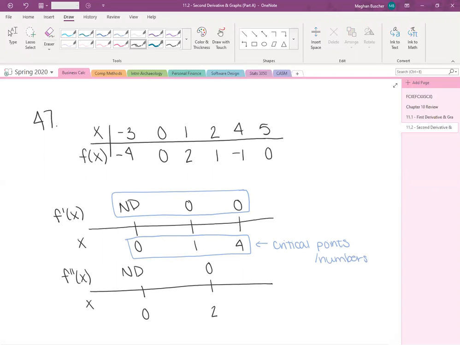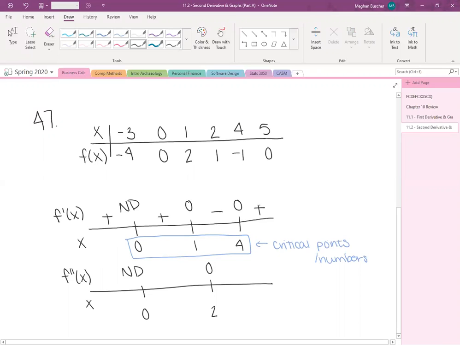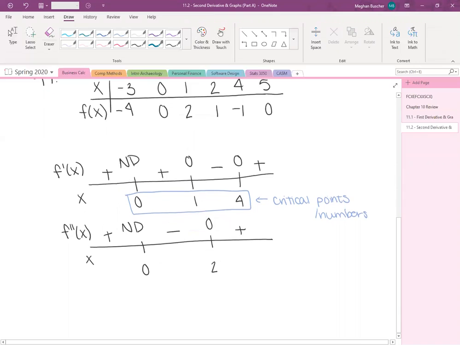Awesome. Yeah, just a little refresher there. Okay. And then the values in between these, we are positive and positive, negative, positive, and then positive, negative, positive. Awesome.